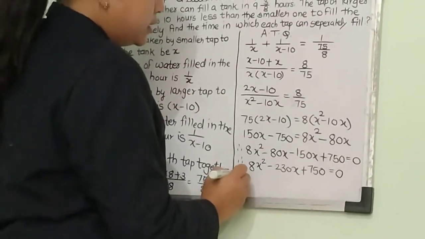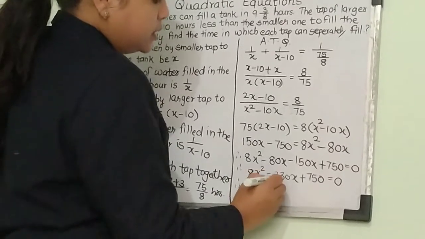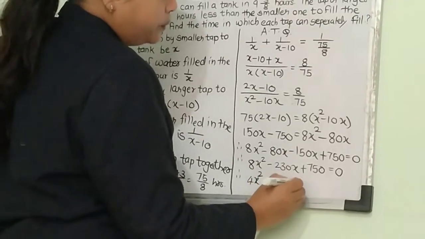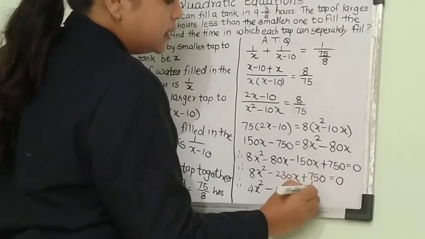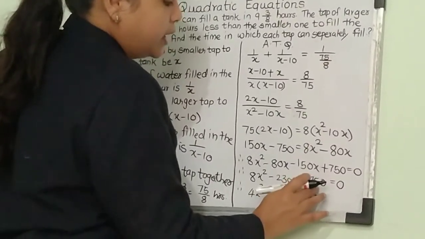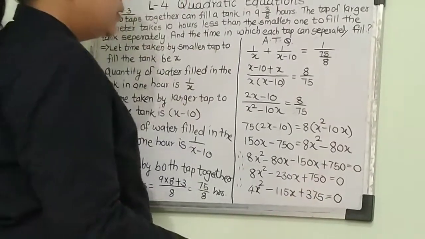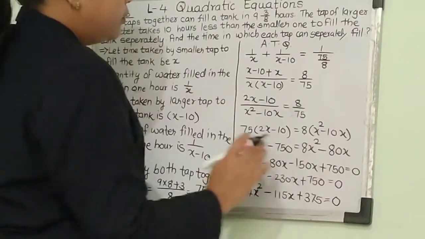So we can reduce this equation as 4x square minus 115x plus 375 equals 0. So first we get here the quadratic equation.